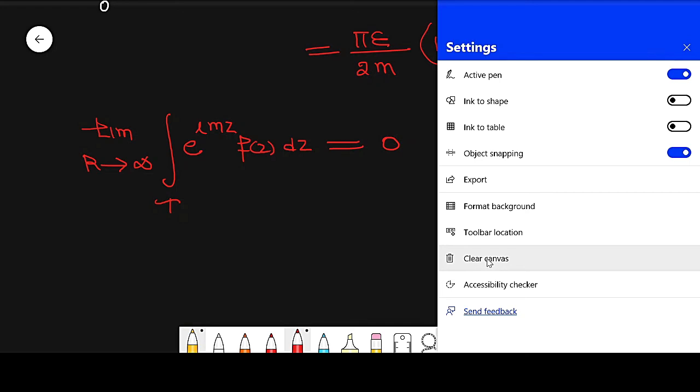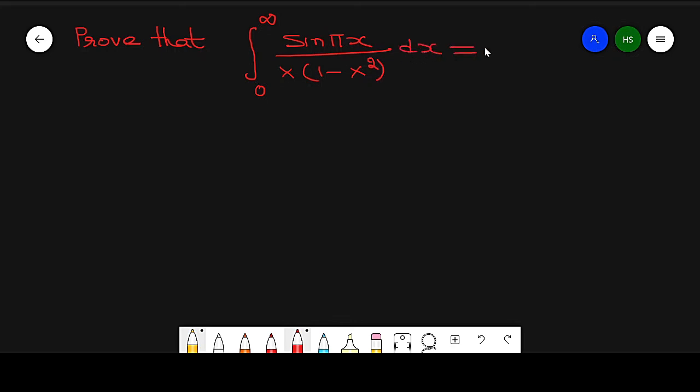Now the statement is: prove that the integration from 0 to infinity of sine of pi x over x into 1 minus x square into dx is equal to pi.